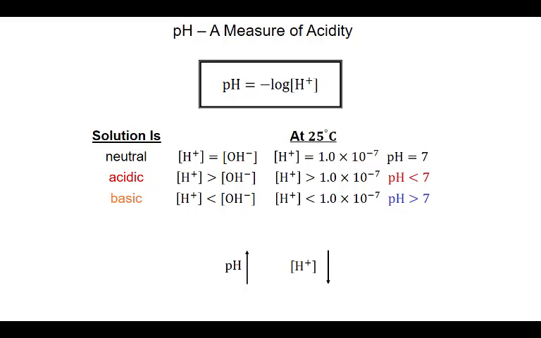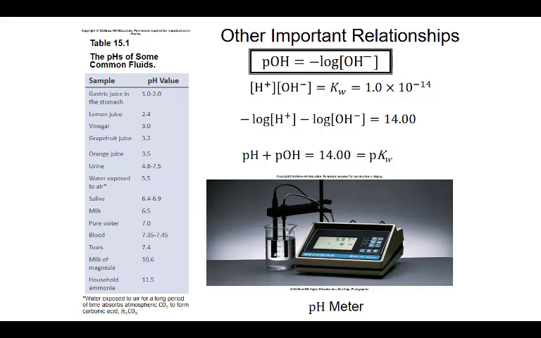So when hydrogen ion is there, we measure the pH. We measure the pH by this pH meter, and this pH meter you have used in the lab also. So this pH meter tells you how much is the pH of the solution. These are examples of solutions, and the pH values are given.